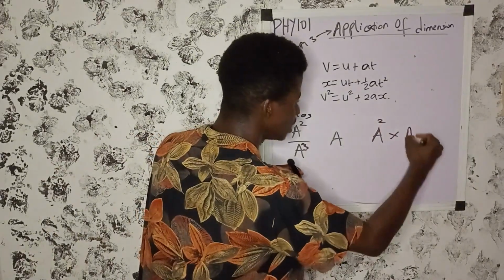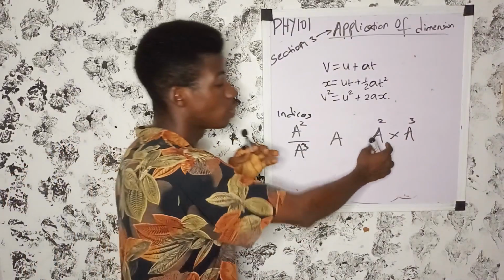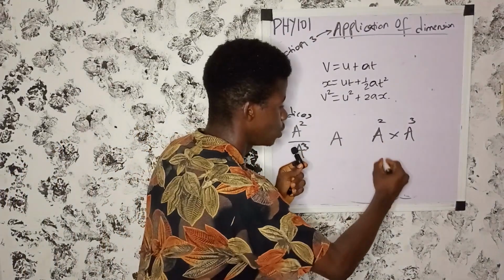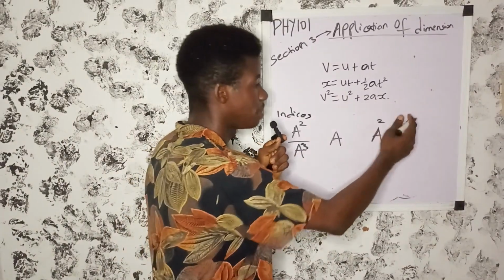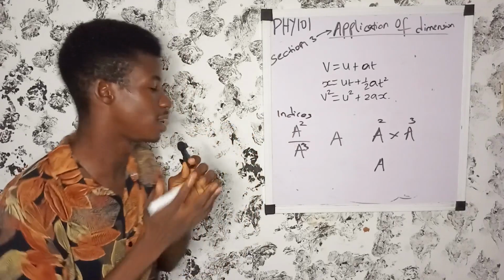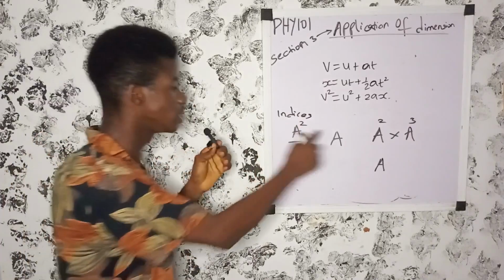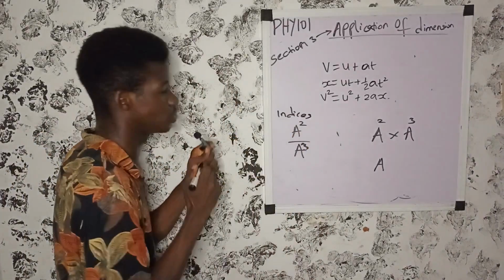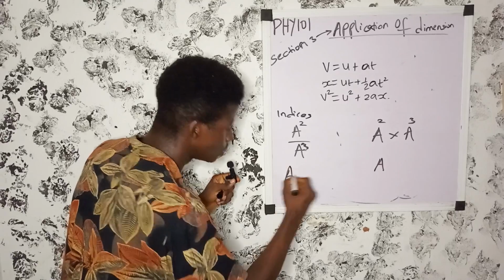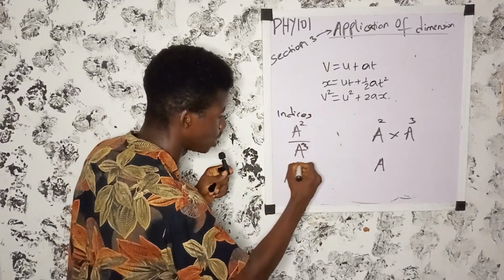But when two bases are multiplying each other, you take one of the bases, you will add their powers. But when two bases are dividing each other, you take one of the bases, you subtract the power. So in this scenario, you take one of the bases, then you subtract the power.